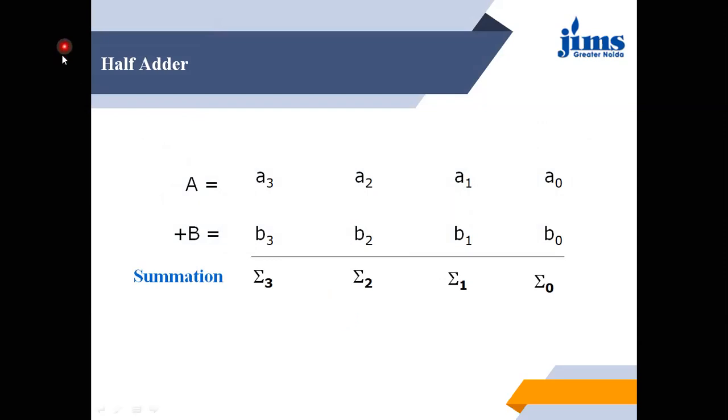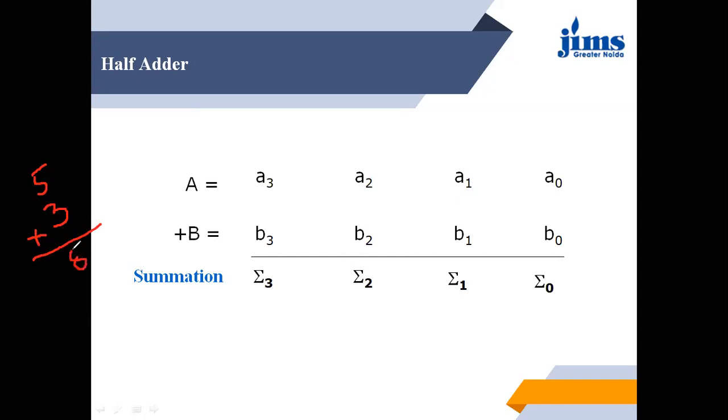A half adder is a circuit in which we have to add two numbers. Suppose I have to add 5 and 3 in decimal, then this is equivalent to 8. I know this.